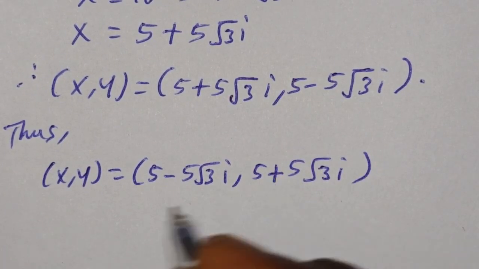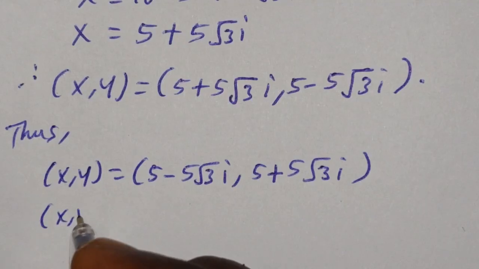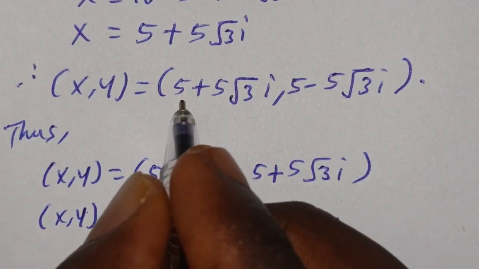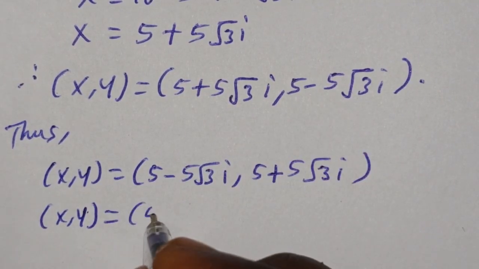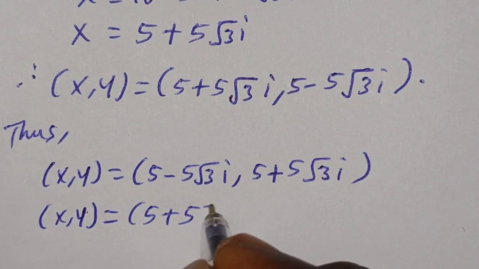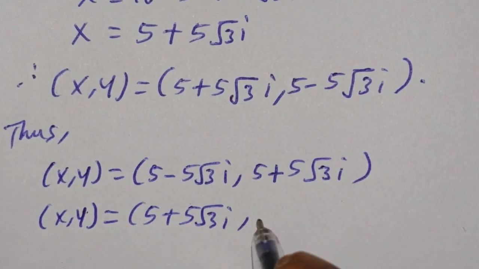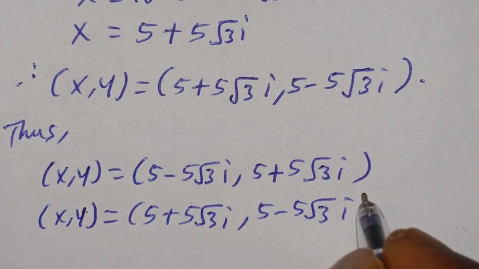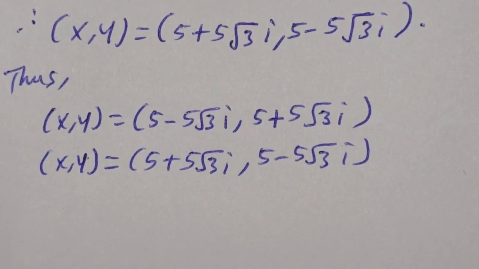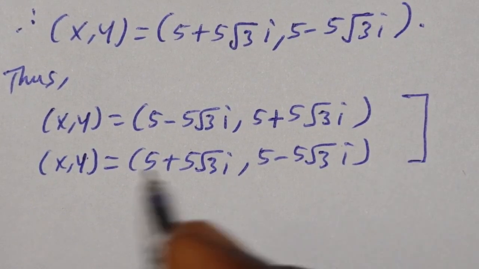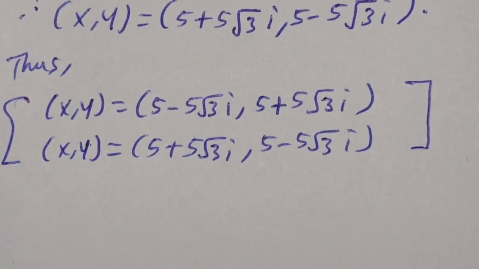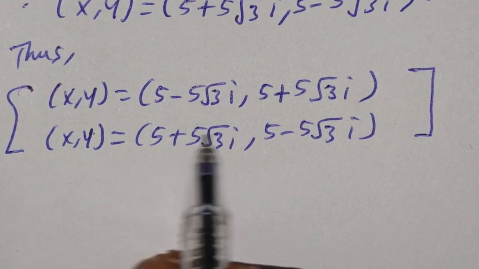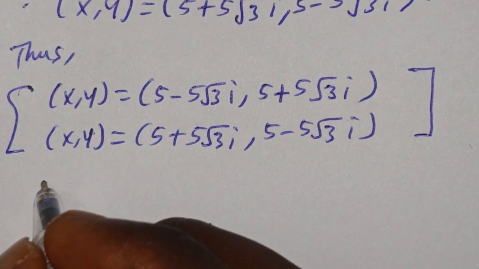And the second solution is x comma y equal to 5 plus 5 root 3i comma 5 minus 5 root 3i. In total, we have two distinct solutions. Now, let us verify if these answers are correct.